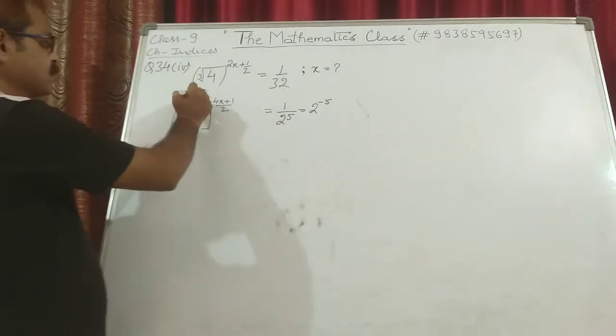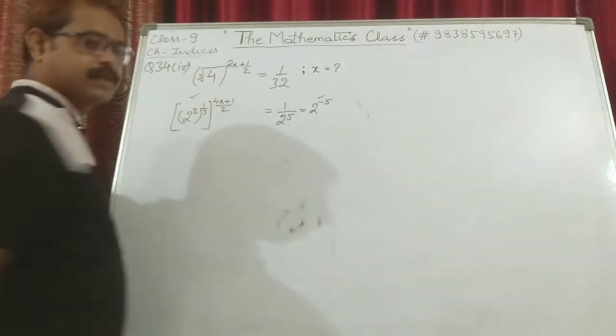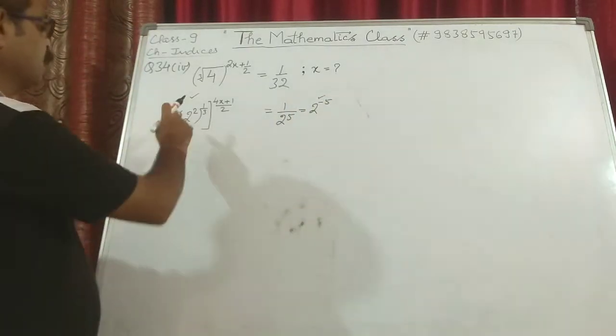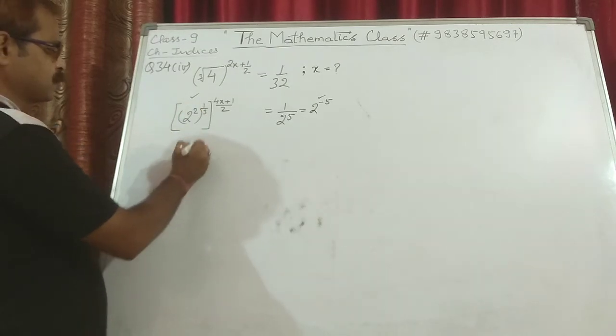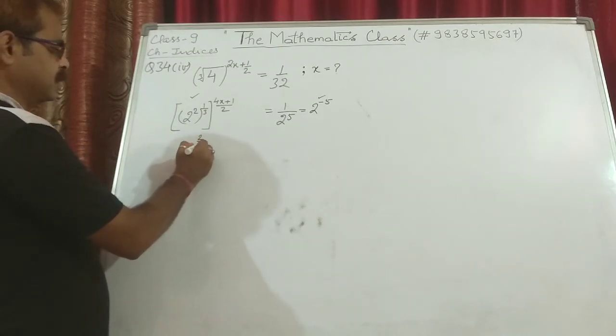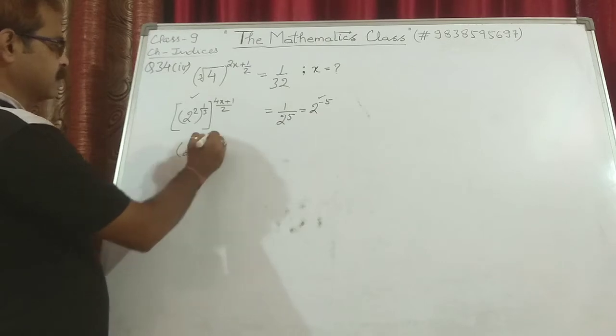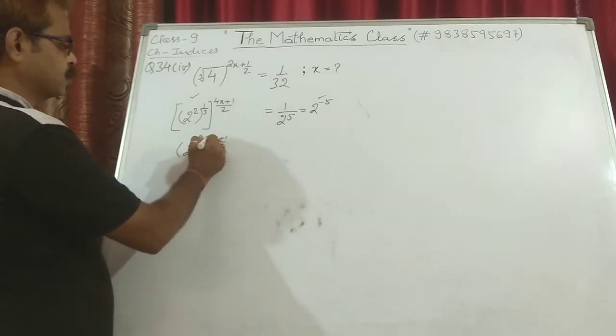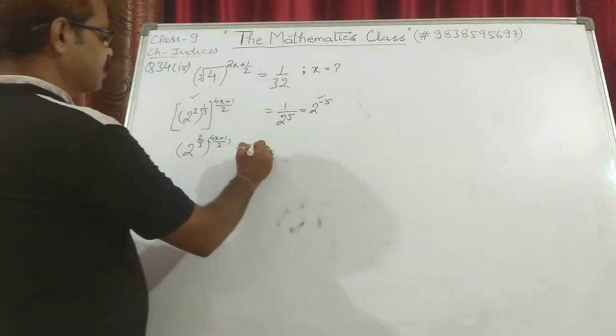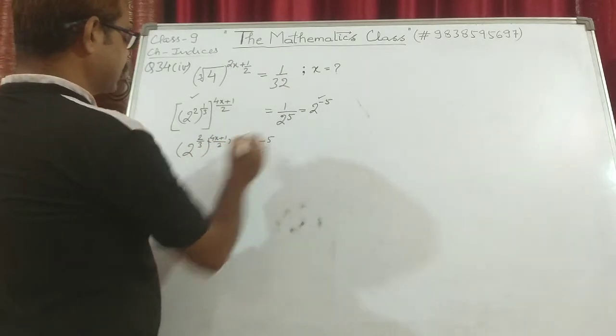Now we have changed all the numbers into powers of 2. You know that if there is power of power, they get multiplied. So this can be written as 2 to the power 2 upon 3, and whole power 4x plus 1 upon 2, is equal to 2 to the power minus 5.